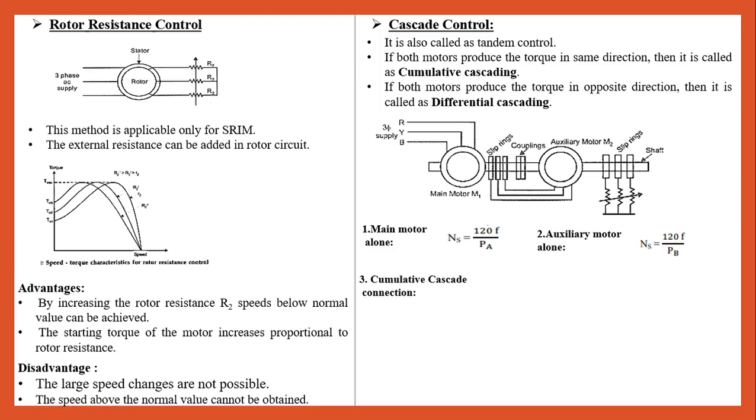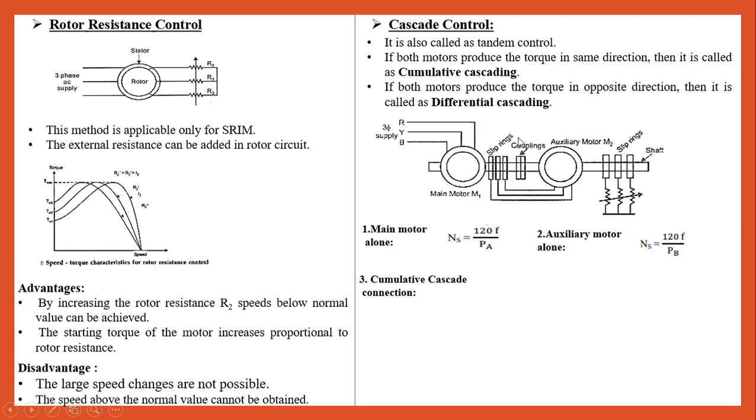Dear students, here we can get two types of method. First one, cumulative cascading method, another one, differential cascading method. If both motors produce the torque in same direction, then it is called cumulative cascading. Main motor M1 will produce its torque, similarly auxiliary motor M2 will produce its torque.